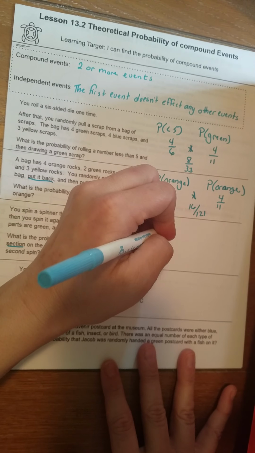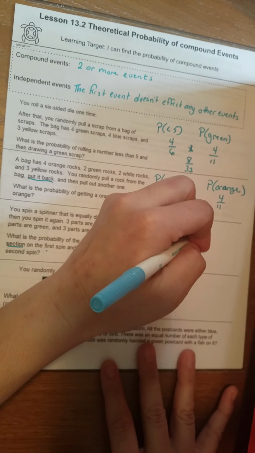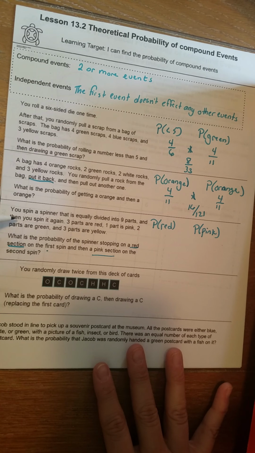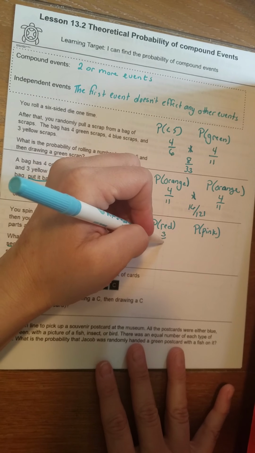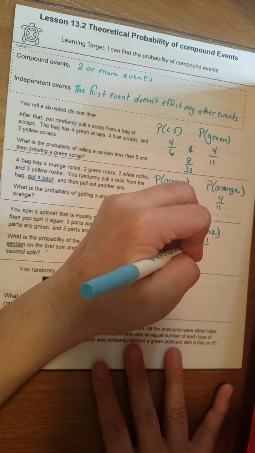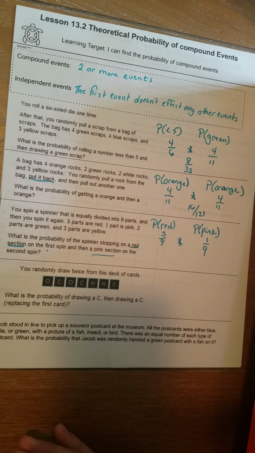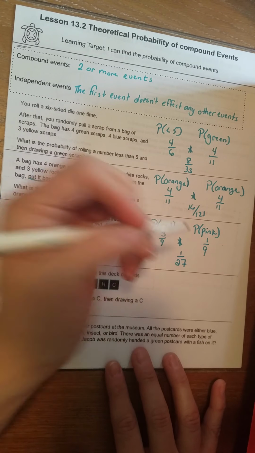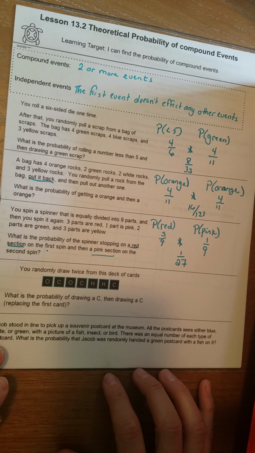Probability of red, and the probability of pink. So red is 3 out of 9, and pink is 1 out of 9. So the chance that both things happen would be 1 out of 27 when I multiply those probabilities together.